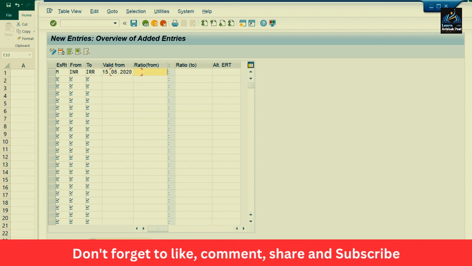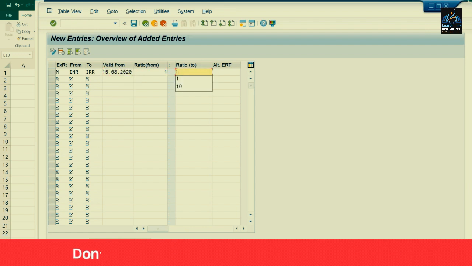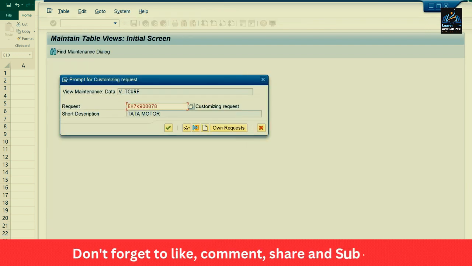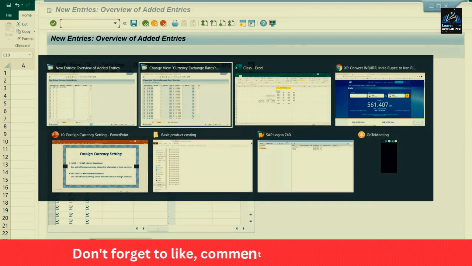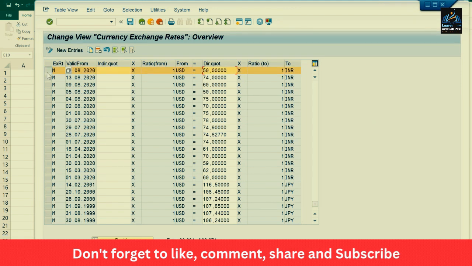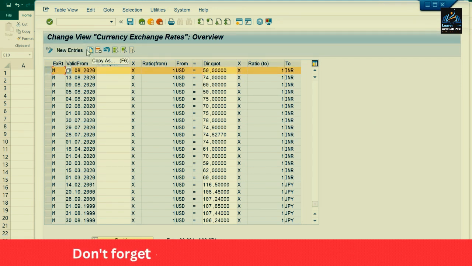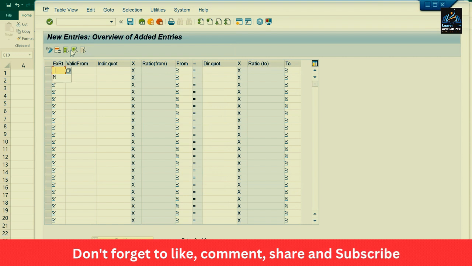And everything I'm going to give 1:1. Save it. Then copy this one, click on new entry, and here you can give the date. Now here INR, and here IRR.